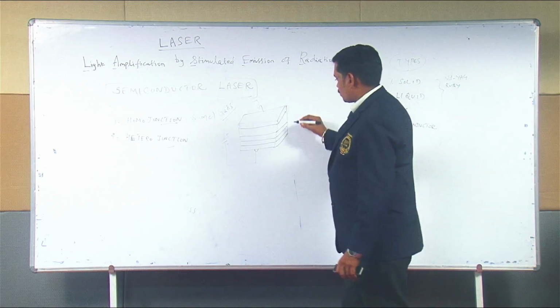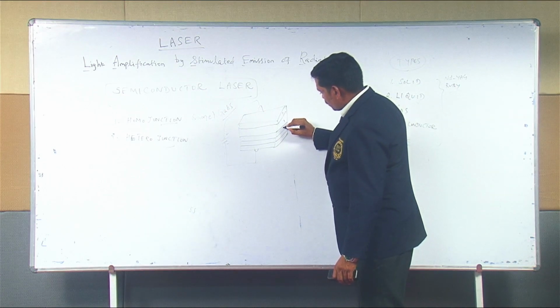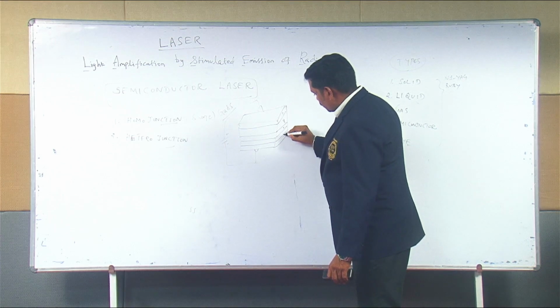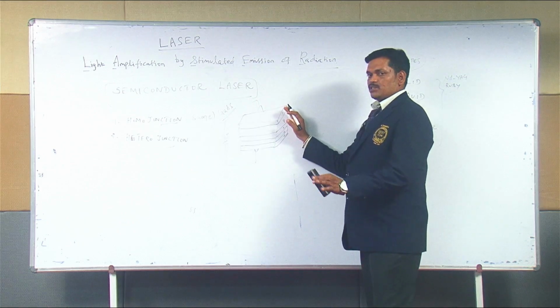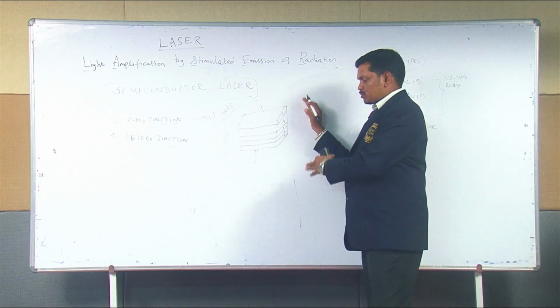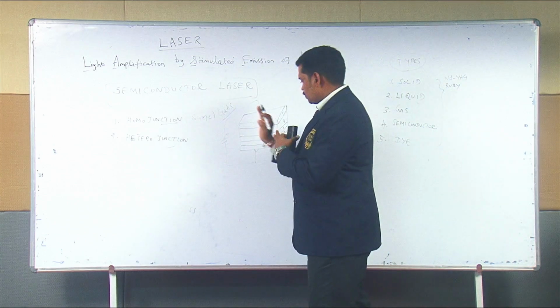In this also, the first 3 regions are P region, and the last 2 regions are N region. And again, like the homojunction, you can assume that on the right hand side we are going to get the output, which means it is 50% polished, and this is 100% polished.